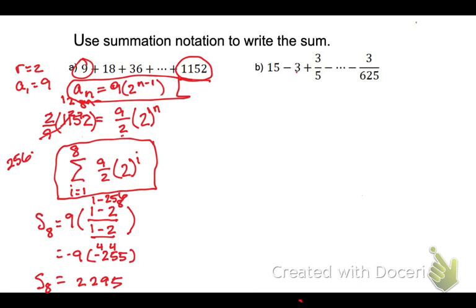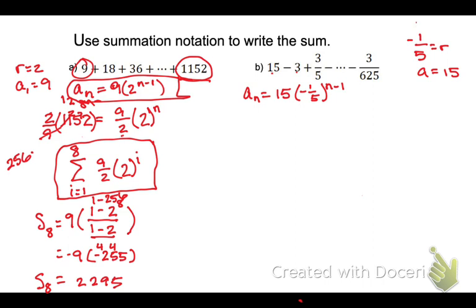And 3 over 15 is what? Negative 1/5. And a sub 1 is 15. So we're ready to go, right? So a sub n equals 15 times negative 1/5 to the n minus 1.